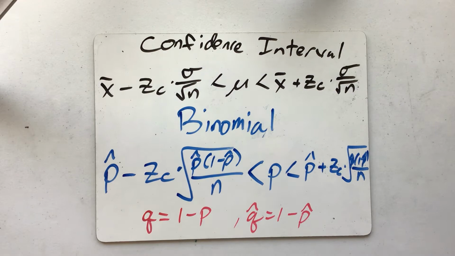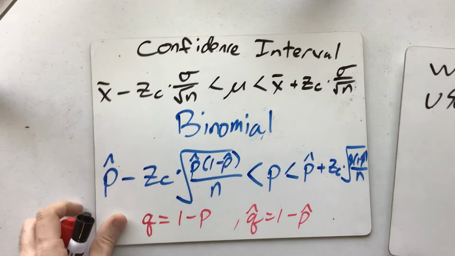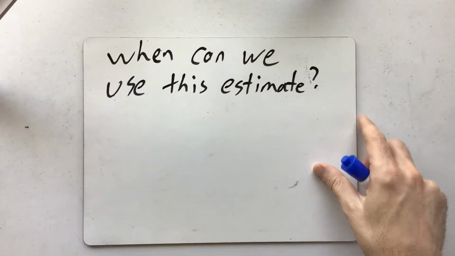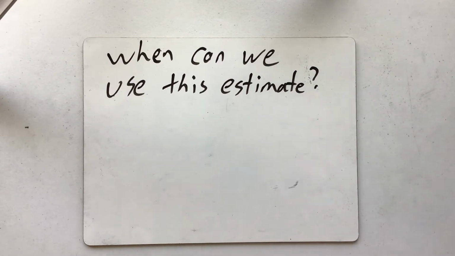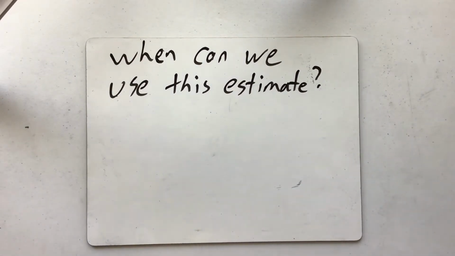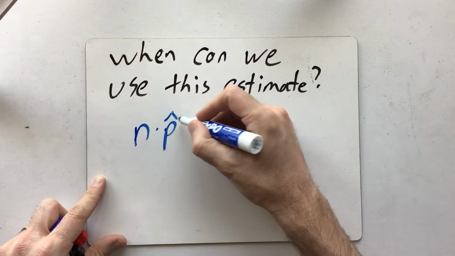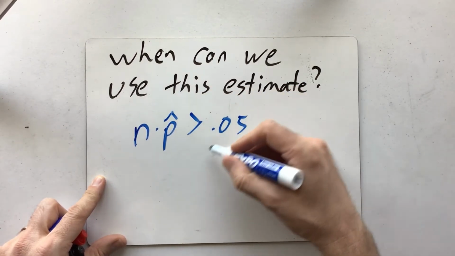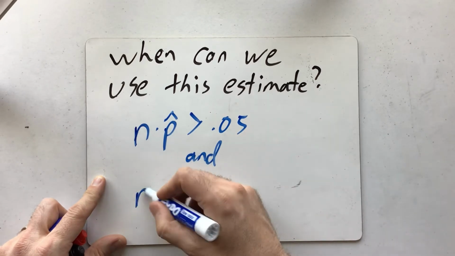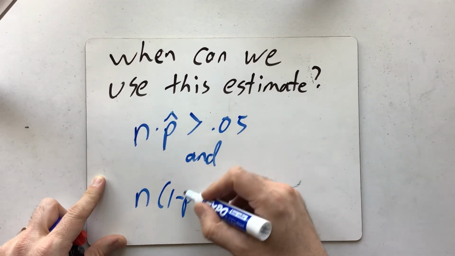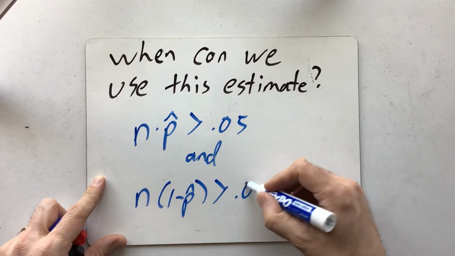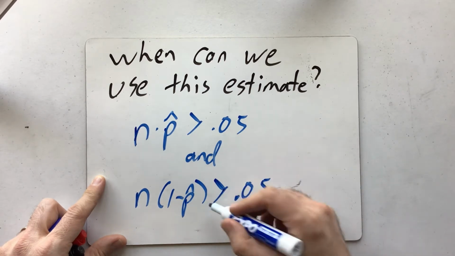There's a question we need to ask, and that question is, when are we allowed to use this estimate? And the answer is, you're allowed to use this estimate if two things are true: if n times p hat is greater than 5 and n times 1 minus p hat is greater than 5. So what's the real logic here?